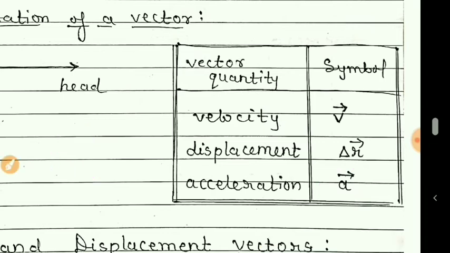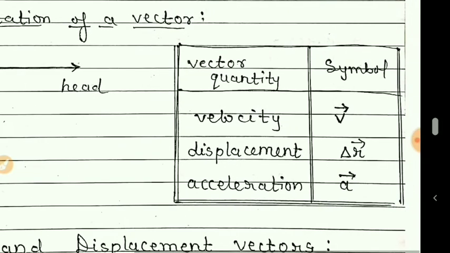Students, in your textbook, wherever you see bold letters, that shows a vector, but whenever you write that in your notebook, you have to show this sign above the quantity.